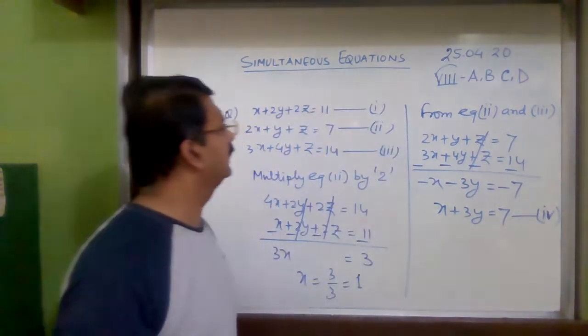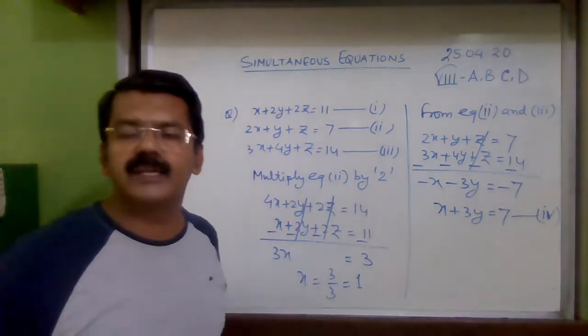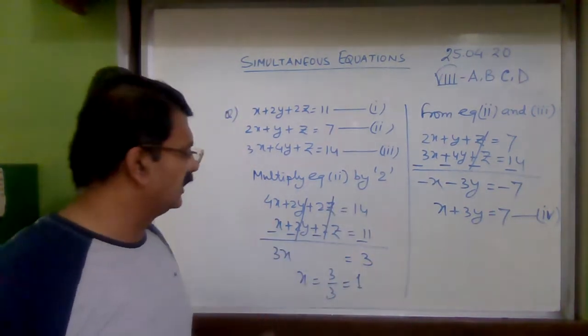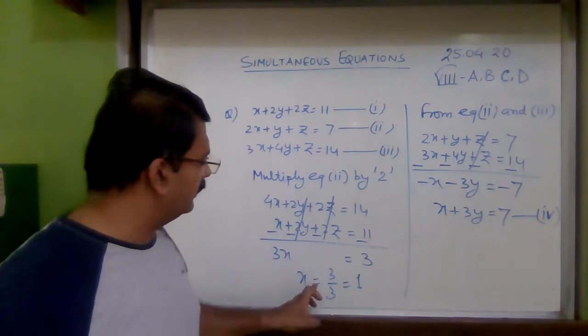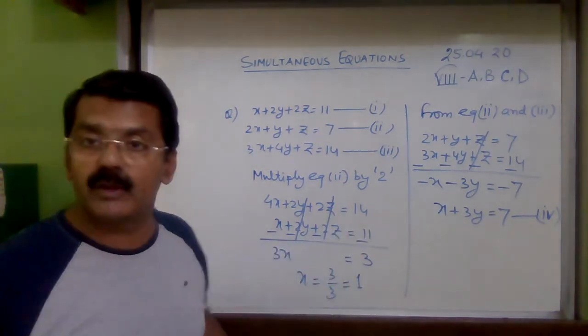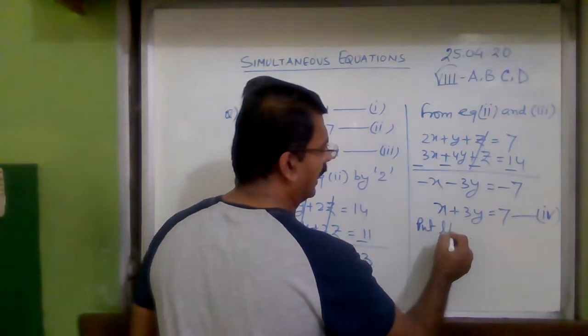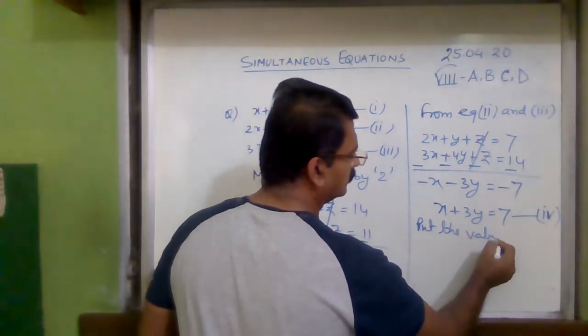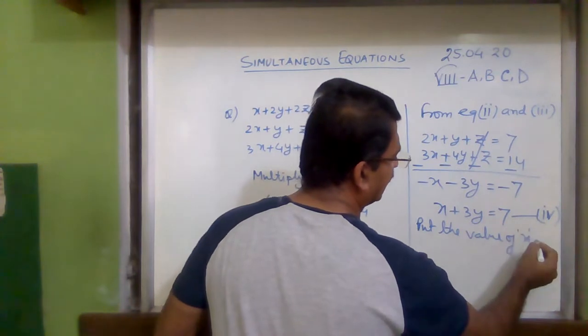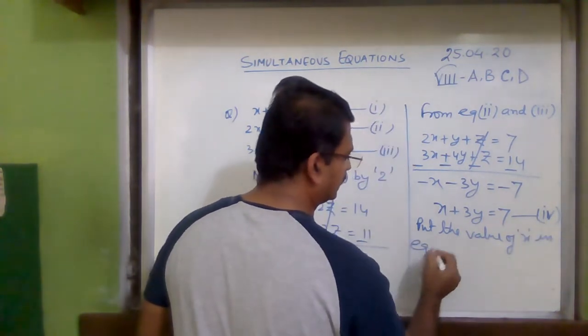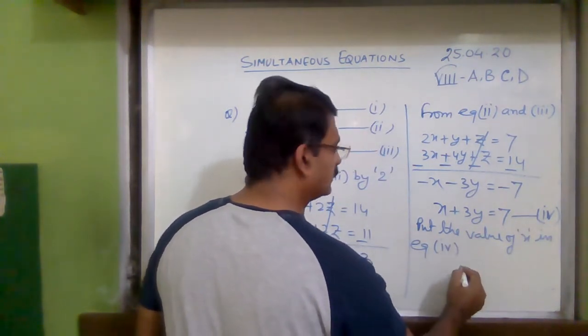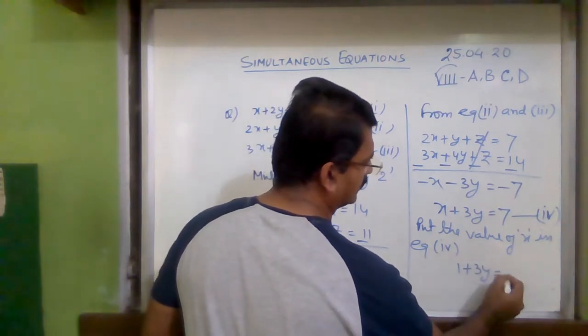We already have 3 equations. So we have another equation, equation number 4, which is only in x and y. So put the value of x in equation 4 because we have already found x. Then it is 1 plus 3y is equal to 7.